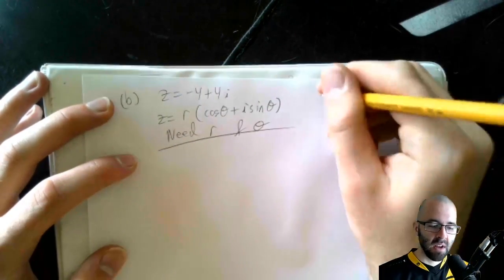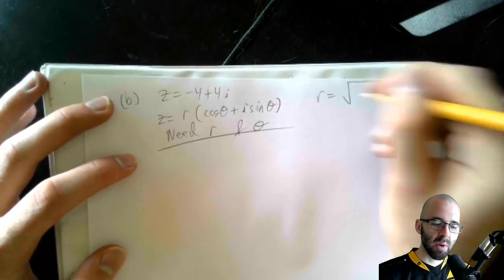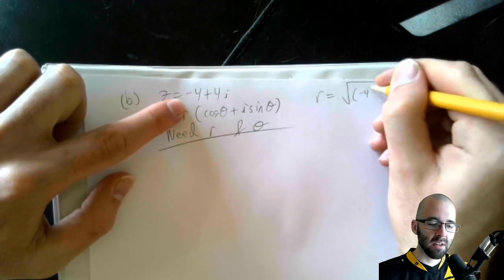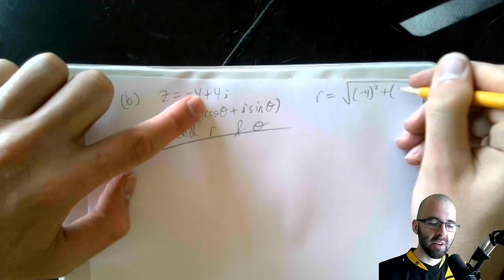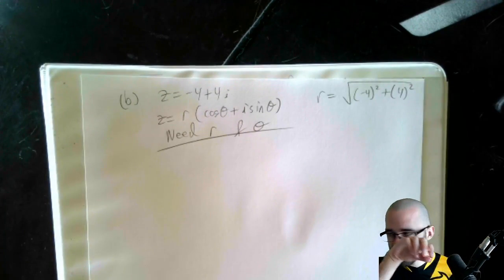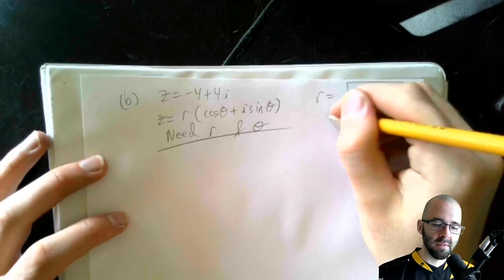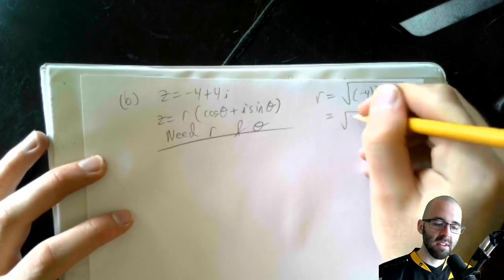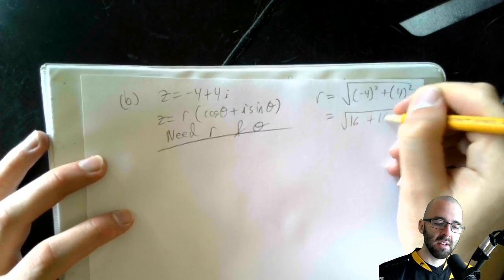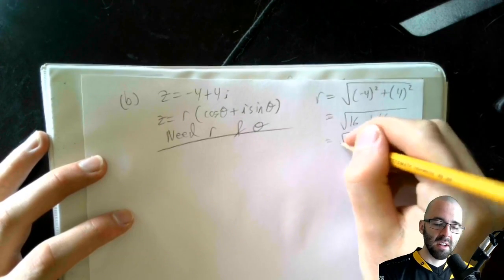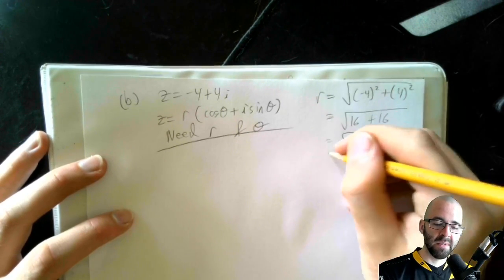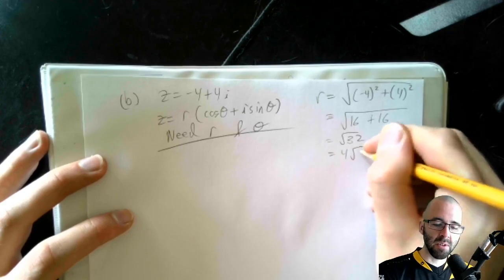So r is the modulus, the square root of the real part squared plus the imaginary part squared. Let me just simplify that. 16 plus 16, square root of 32, which simplifies to 4 root 2.